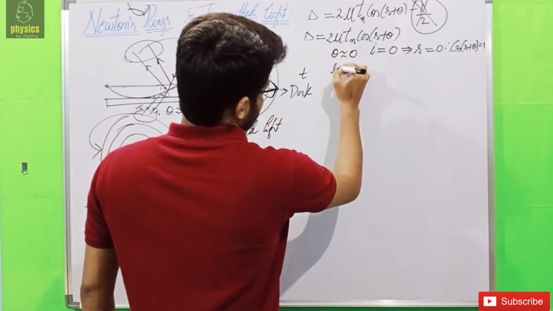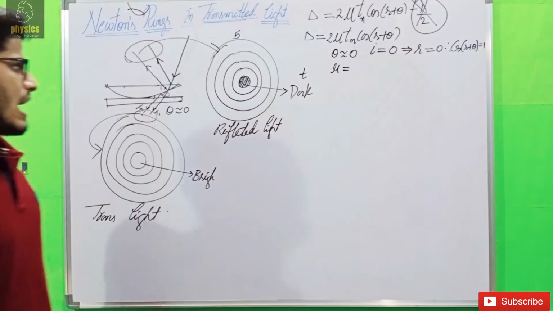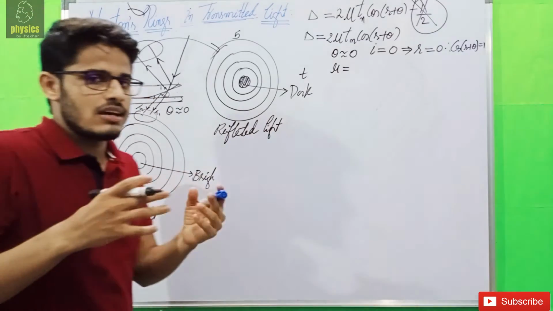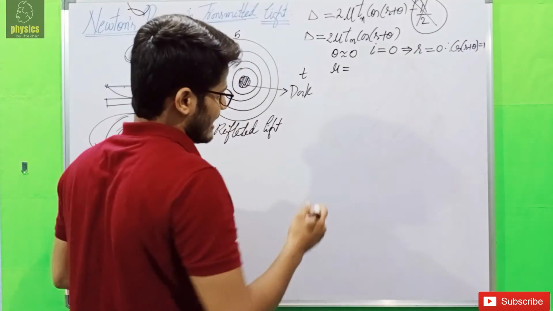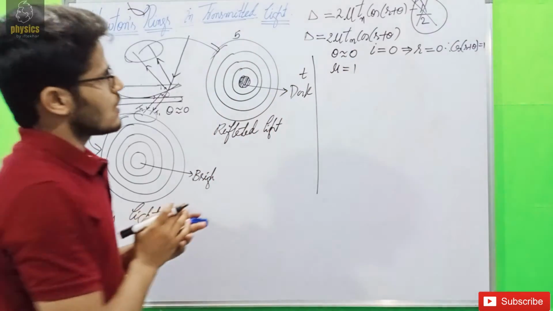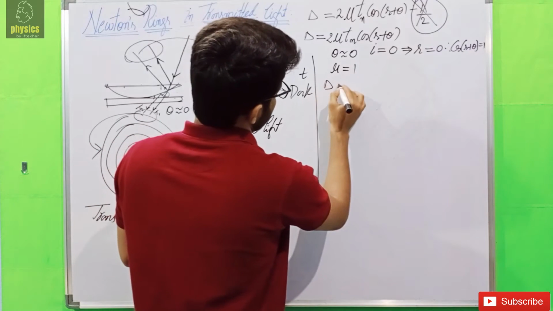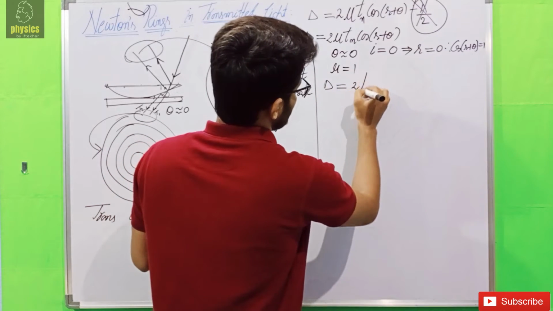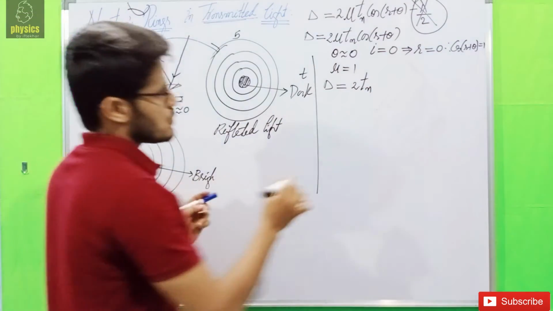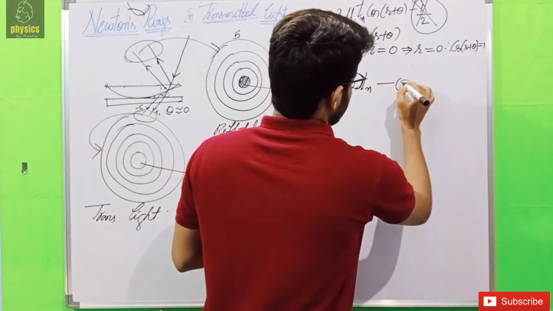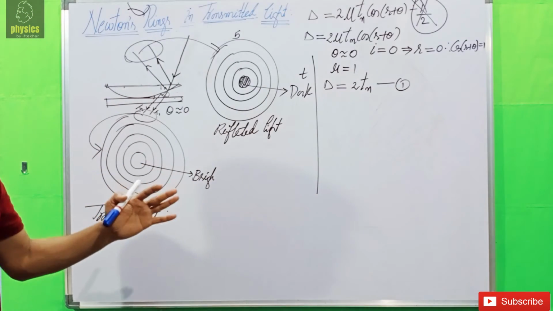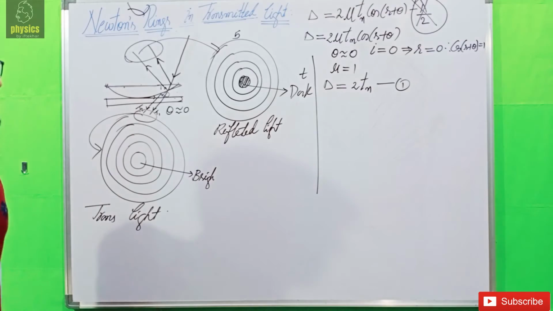And we know that the medium which we got between the lens and the glass is an air medium. For that air medium, the refractive index is equal to 1. So it turns out that our equation of path difference will be 2 t sub n. So this is my equation. Let this be equation number 1. This is the path difference between these two transmitted light rays.